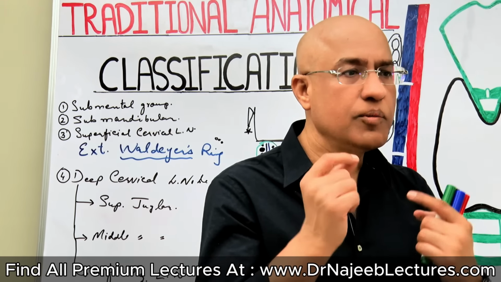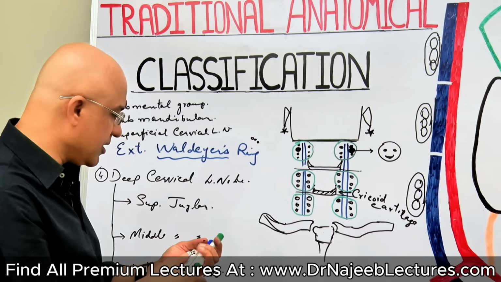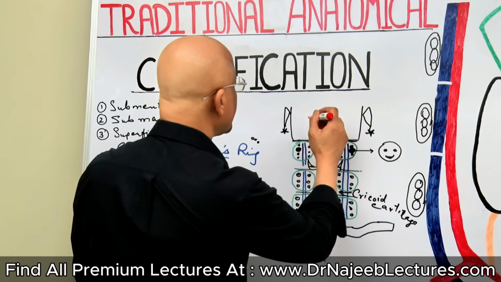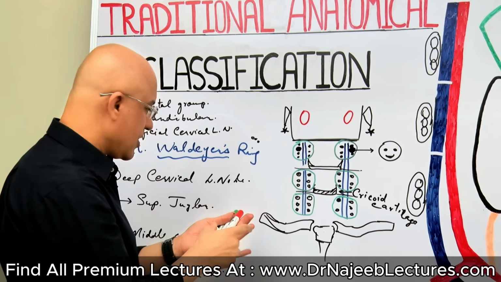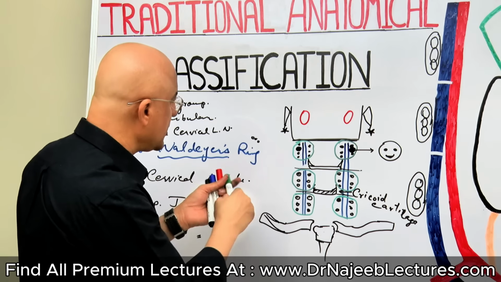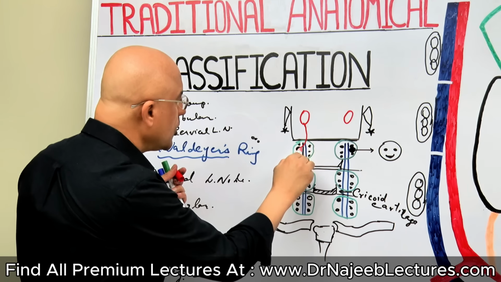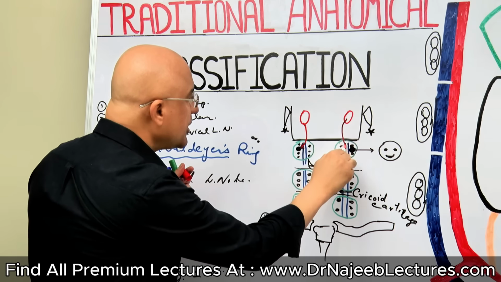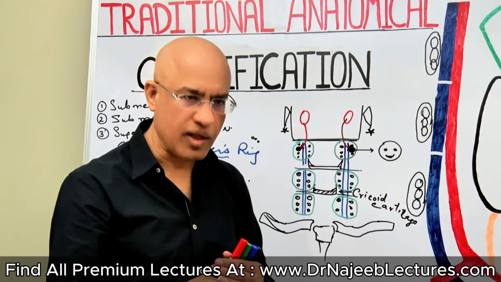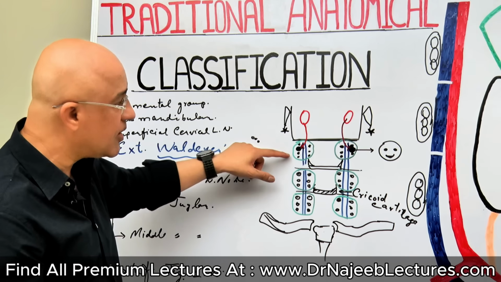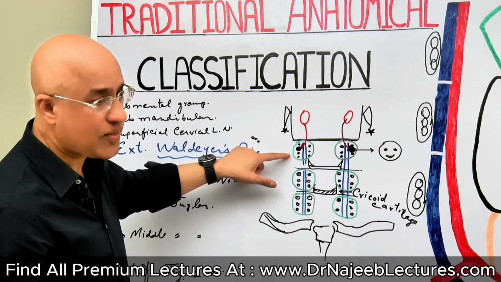So if you want to be very specific, then the palatine tonsils, I will make palatine tonsils here, and their lymphoid tissue drainage is to the jugulo-digastric lymph node. It is part of the superior jugular lymph node group, right?